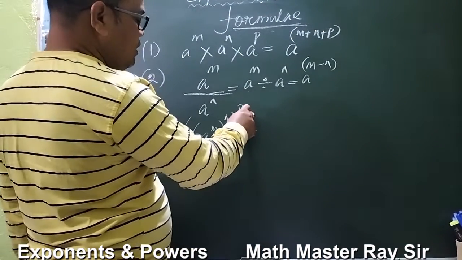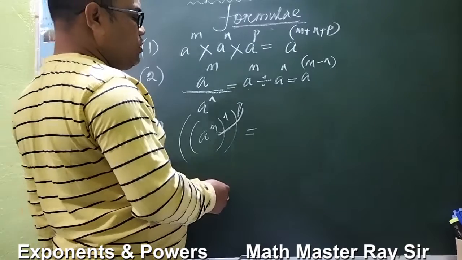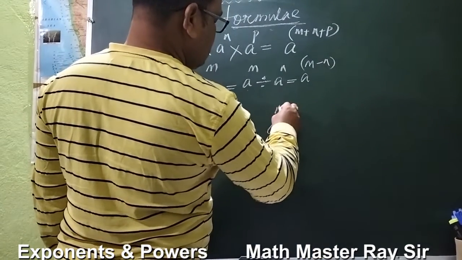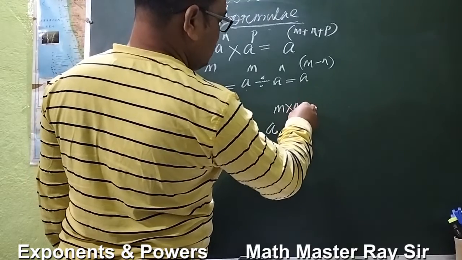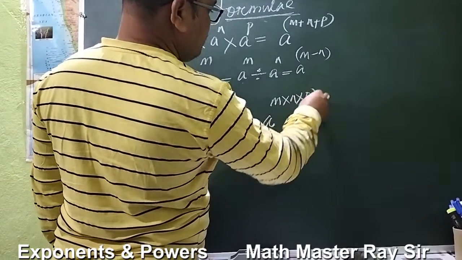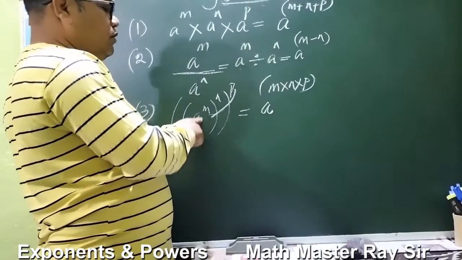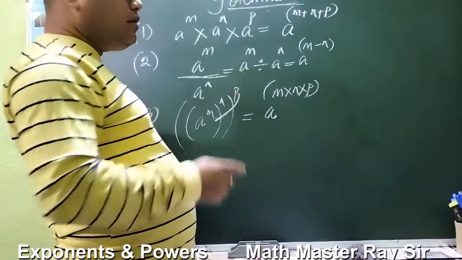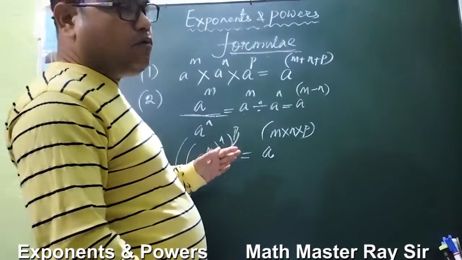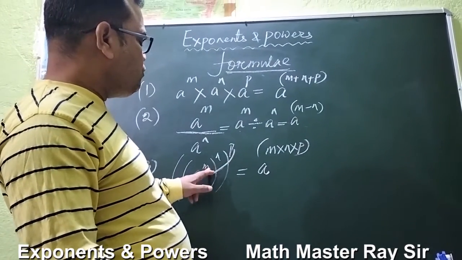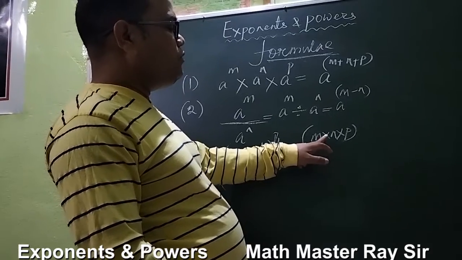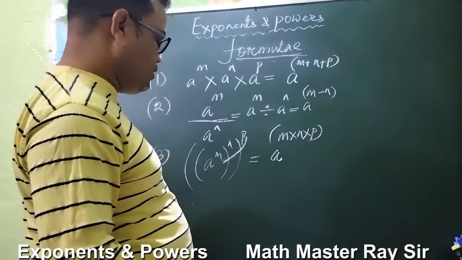If powers are like this, then simply we will multiply the powers m, n, p: a to the power m into n into p. No matter how many powers are arranged in this pattern, you just have to multiply: a to the power m into n into p.